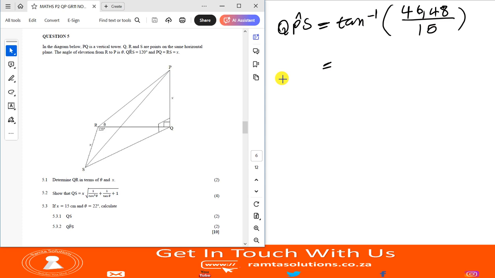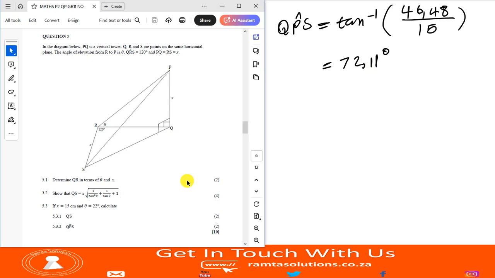So shift tan inverse of 46.48 over 15. This is 72.11 degrees, because you are looking for the angle. Perfect, we're good.